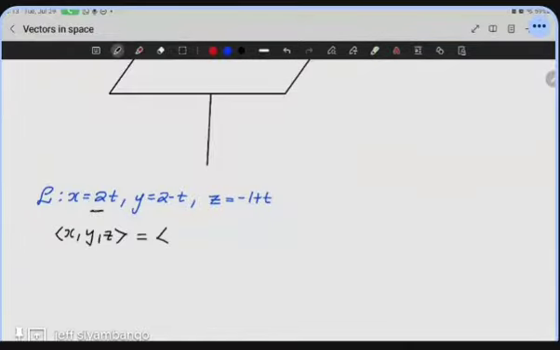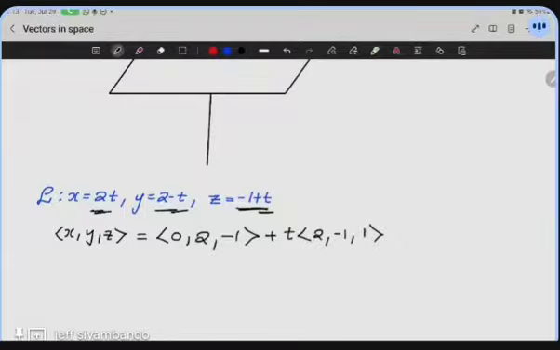From here, we get 0. From here, we get 2. Here, we get -1. The parameter here we're using is t. And then from here, we get 2. From here, we get -1. Here, we get +1.